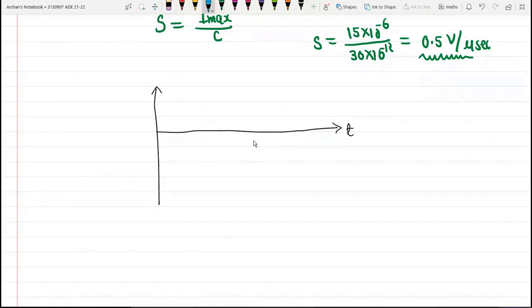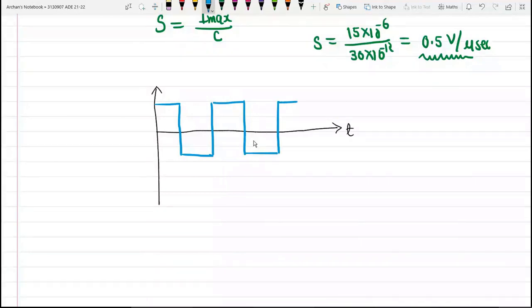So here is my input signal of a square wave. This is the maximum value, this is the minimum value, and this is the base.